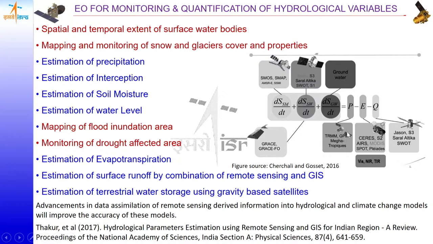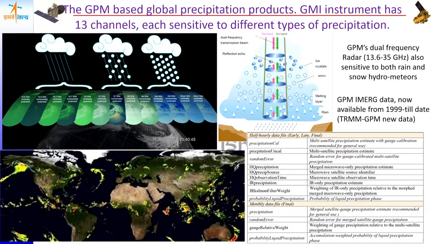I gave the example of the latest GPM data, and when we run these models in a data assimilation mode, our accuracies will significantly increase in the estimation of these variables, so that we have better control over the water which is available at a particular city level, or during extreme events in a given watershed.